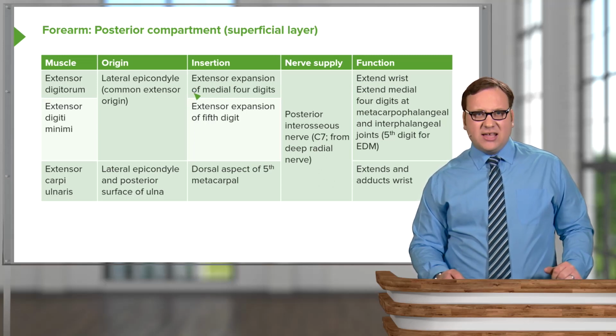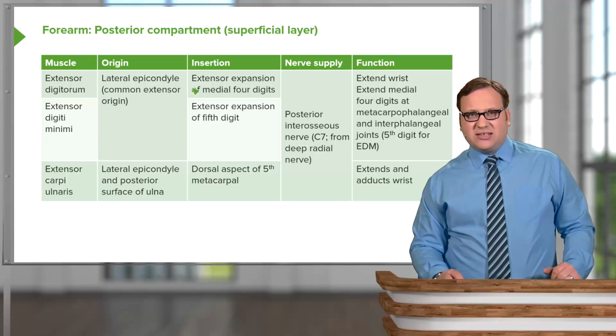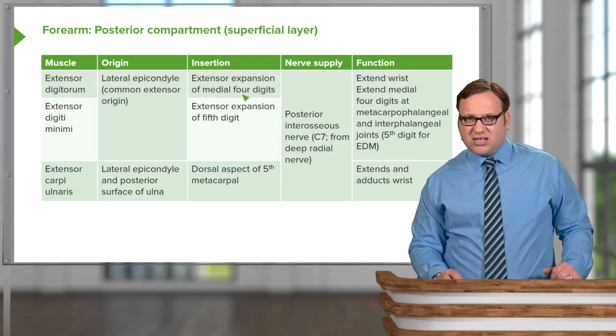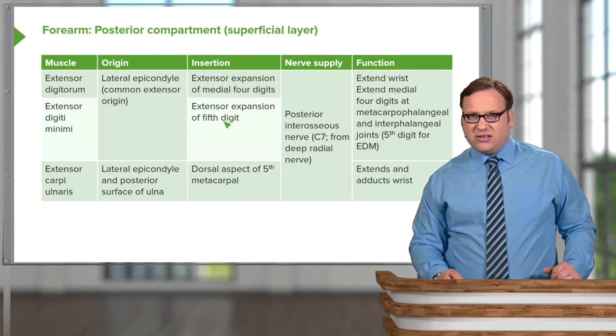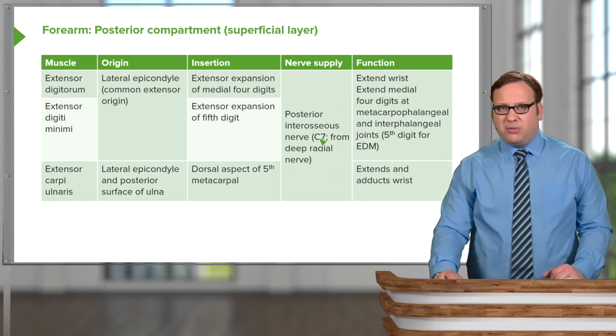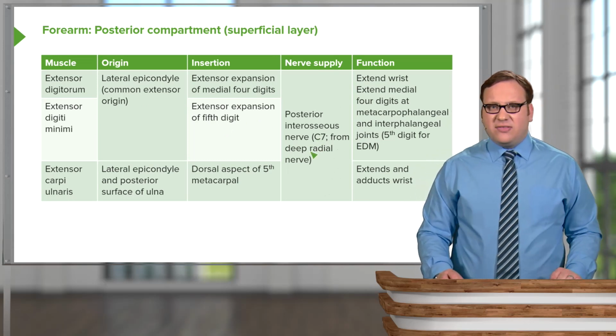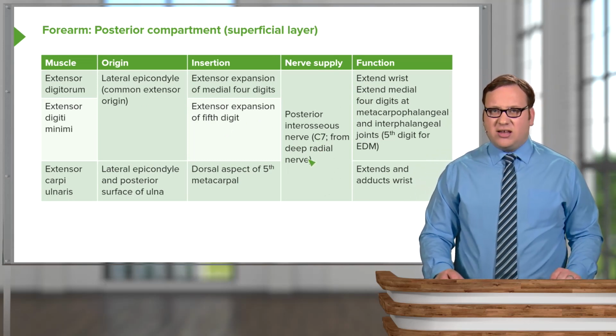So here we can see that extensor digitorum is attaching to the extensor expansion of the medial four digits, and extensor digiti minimi is going specifically to the extensor expansion of the fifth digit. These two muscles are supplied by the posterior interosseous nerve, and this is coming from the deep radial nerve.